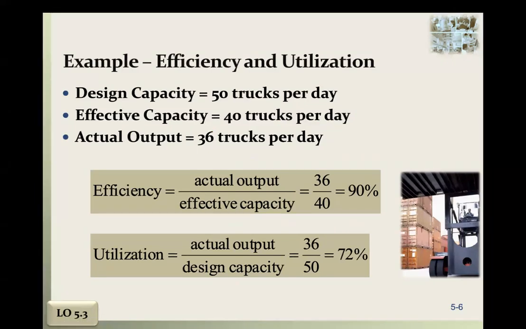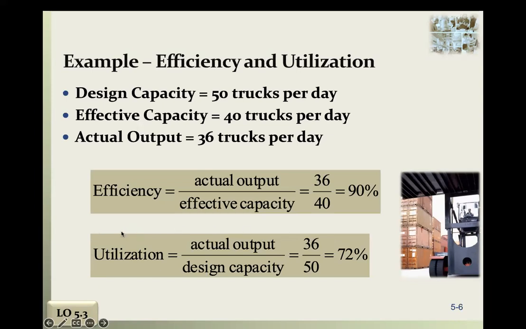Now, why is this important and what are its implications? The implications are that, for example, some stockholders or owners of an organization, when they design something, of course, they make an investment and they consider utilization.